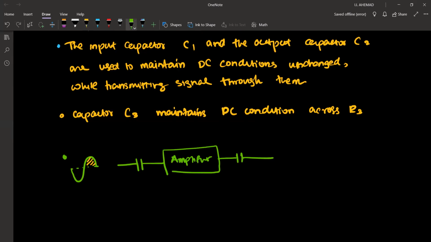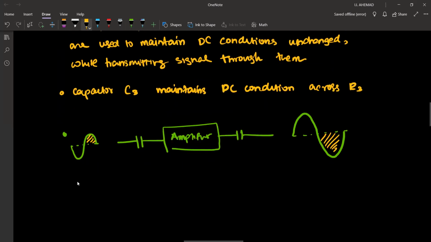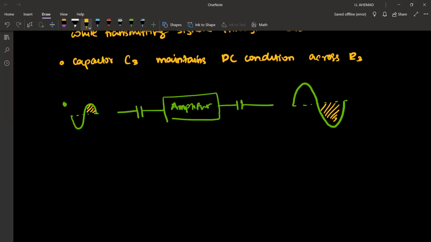What happens is it gets amplified, but it is inverted. So this positive half will be in the negative side. It is amplified, but the phase is also changed.